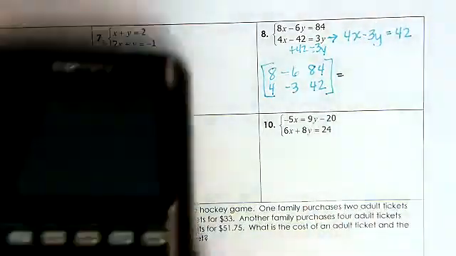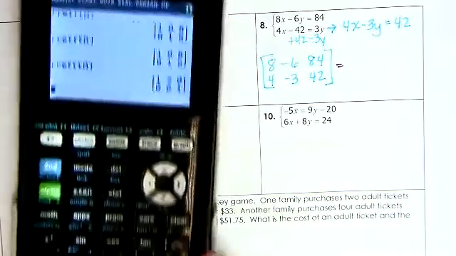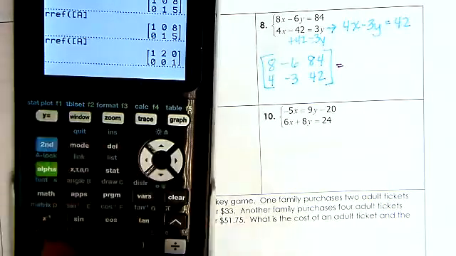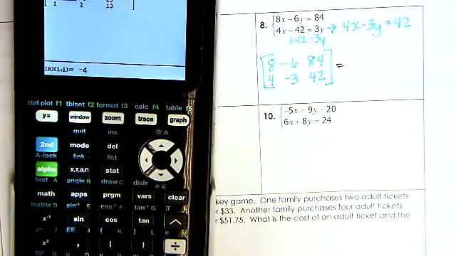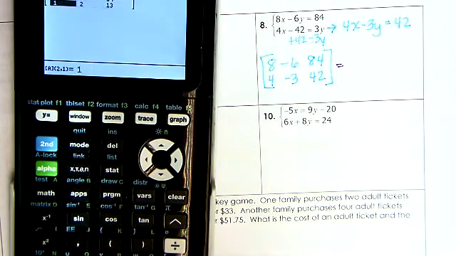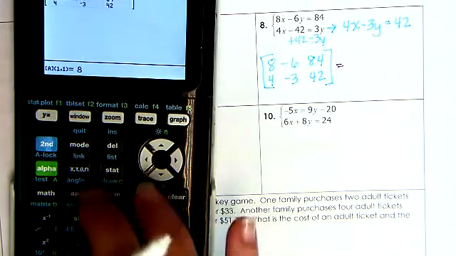Here we go. So now we take and punch this into the calculator. So we have second matrix, edit. I have 8, enter, negative 6, enter, 84, enter, 4, enter, negative 3, enter, 42, enter.